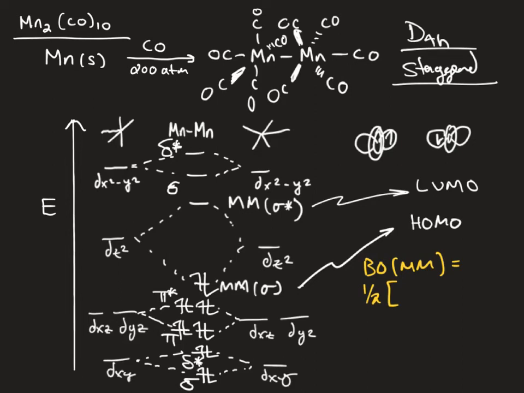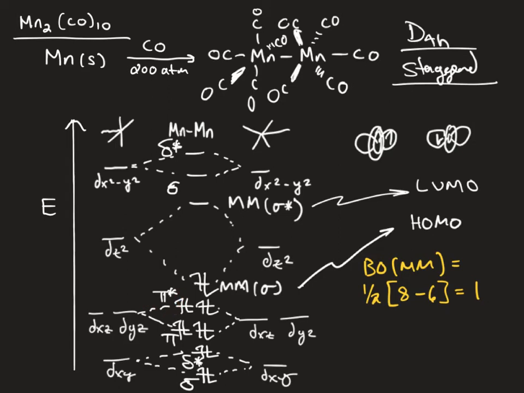So we have 1, 2, 3, 4, 5, 6, 7, 8 bonding electrons minus 1, 2, 3, 4, 5, 6 anti-bonding electrons, which equals 1. So we have a metal-metal single bond as signified in this structure right here, because the delta orbital has a corresponding filled delta star and the pi's have a correspondingly filled pi star.